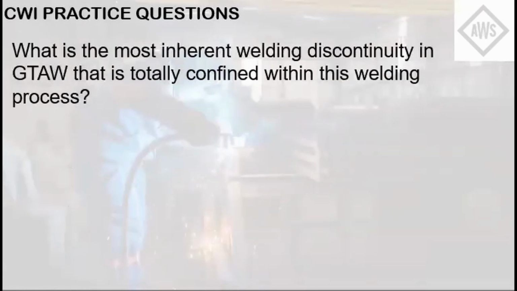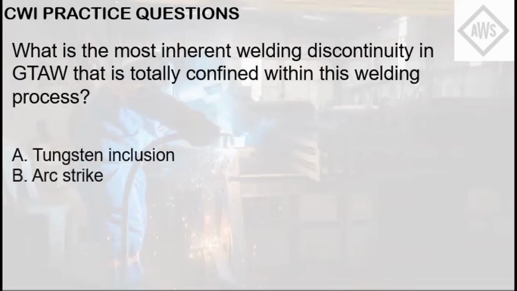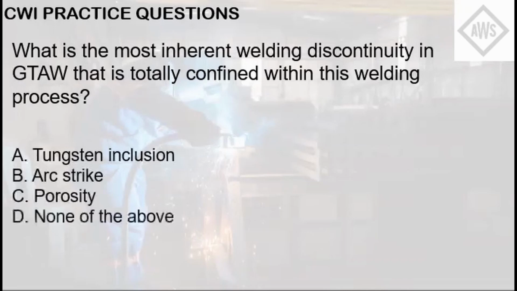So next question. What is the most inherent welding discontinuity in GTAW that is totally confined within this welding process? Letter A, tungsten inclusion. Letter B, arc strike. Letter C, porosity. Letter D, none of the above. So the question being asked here is, what is a welding discontinuity that is totally exclusive to GTAW?